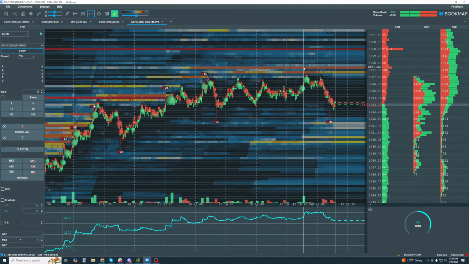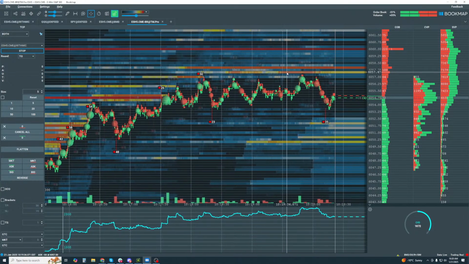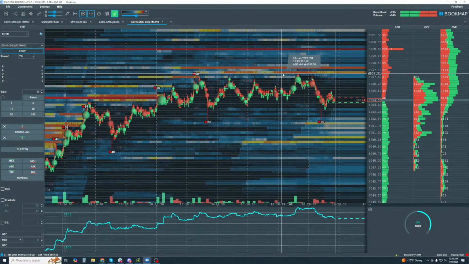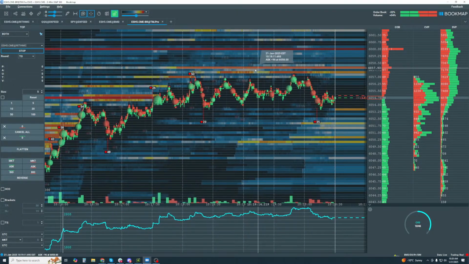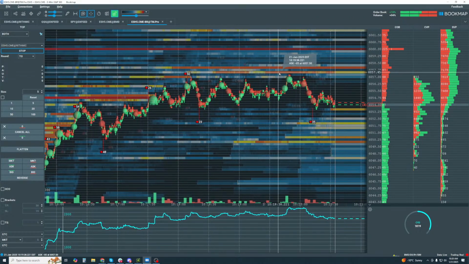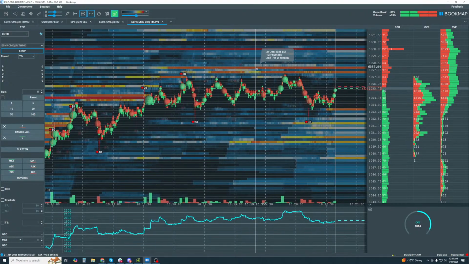So sellers up in these areas up in here. Okay, that we saw. That's 117 or whatever. Now we can even use the tool tip here and look at this here and relate that dome liquidity on the offer to this in the heat map up in here.